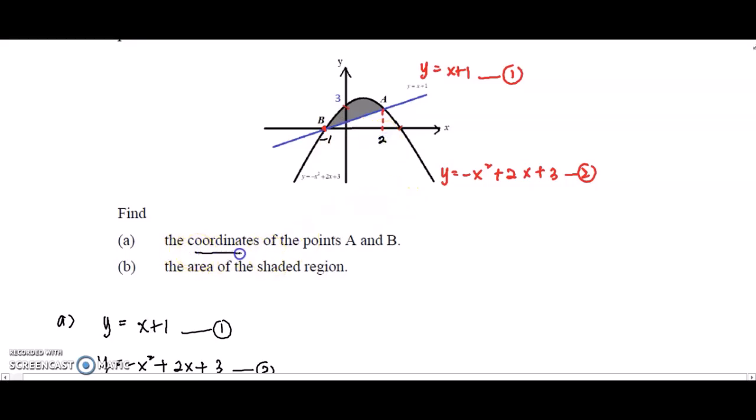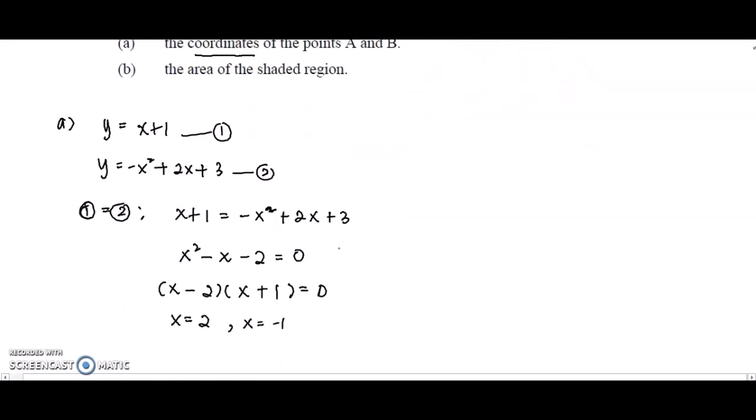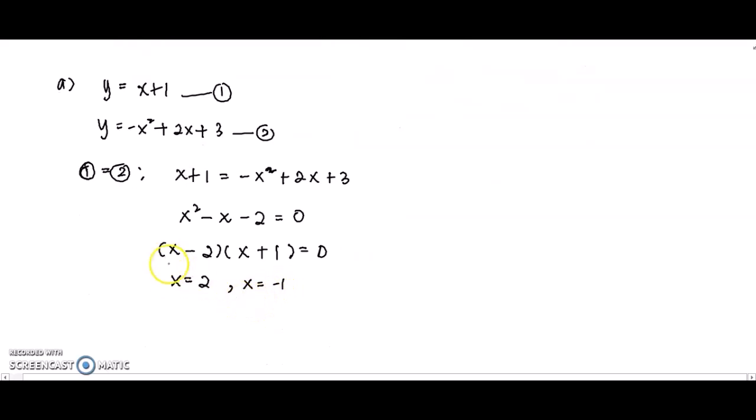But the question asks for the coordinates of the points A and B, so you need to get the y value as well. When x equals 2, you can substitute the 2 into equation 1 and get y equals 3. And when x equals negative 1, substitute negative 1 into equation 1, the linear function.